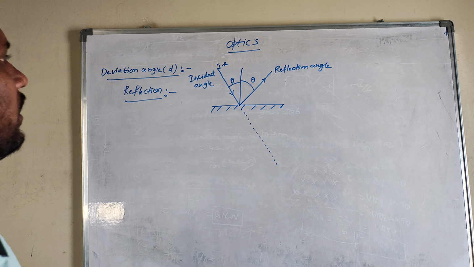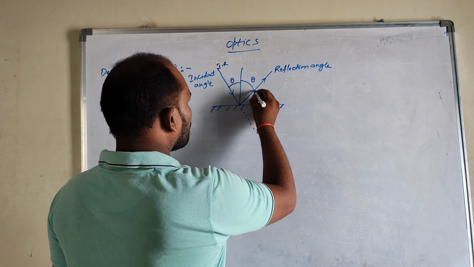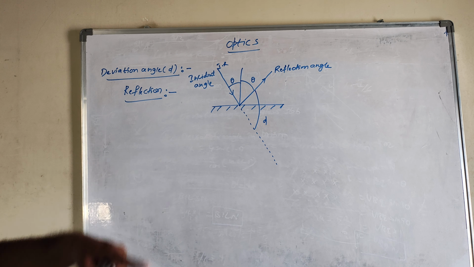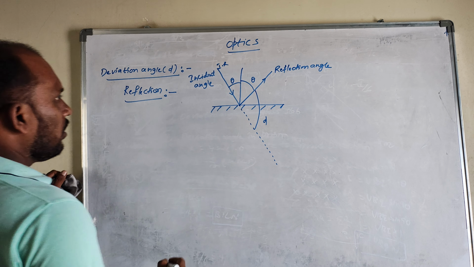So now I want to find out the angle of deviation. This is the angle of deviation actually. So according to reflection, how to define it guys?